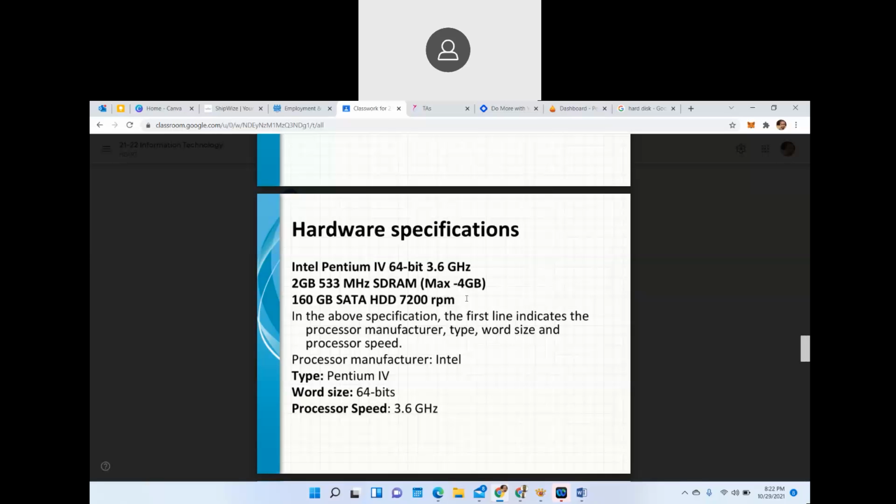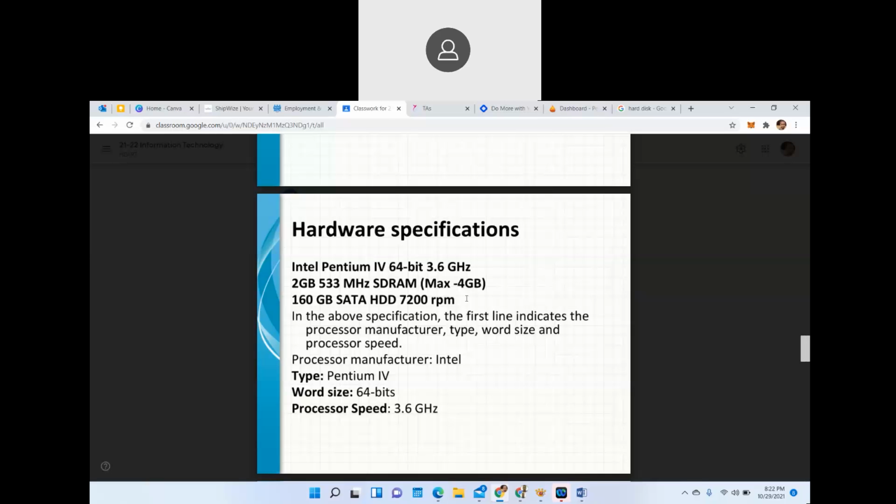Something to do with the revolution, how fast it gets information. No, what I'm asking is, that line, what device is it talking about? The hard drive.